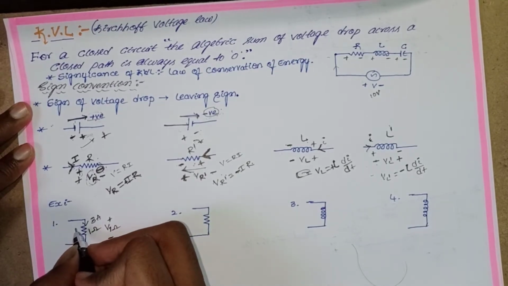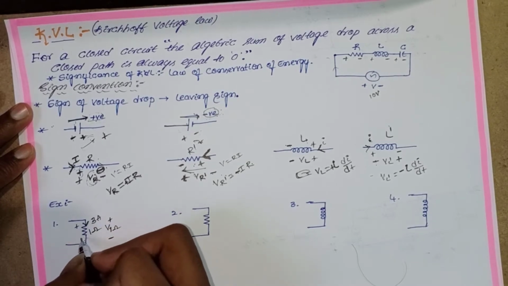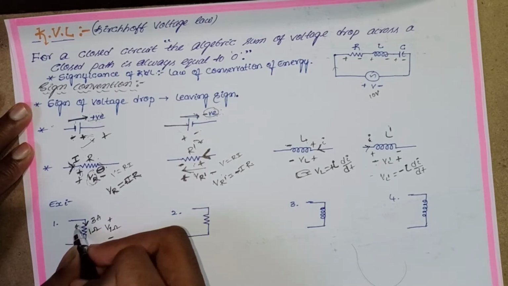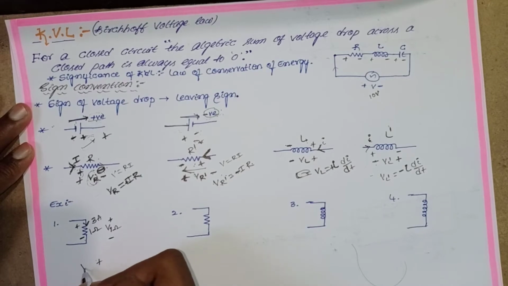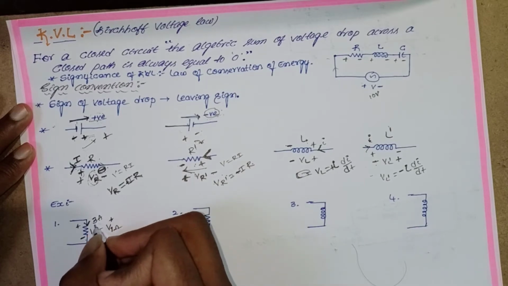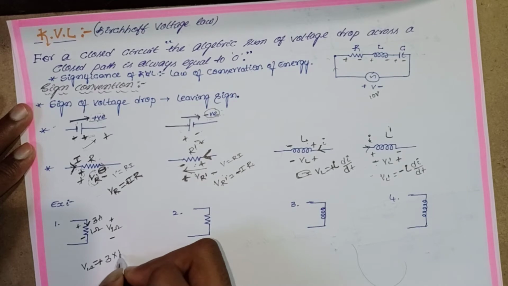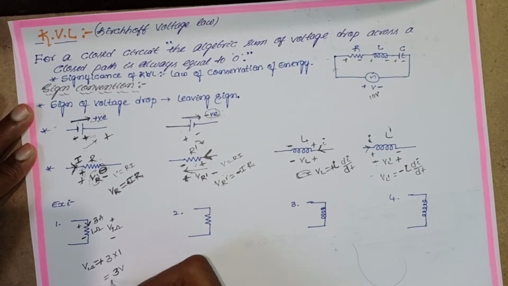I discussed before: entering the node is positive and leaving the node is negative. So compare the signs: positive, positive. So you put a positive sign. V1 ohm is equal to positive current into resistance, that means 3 into 1 is equal to 3 volt.